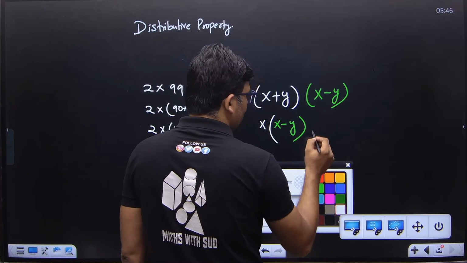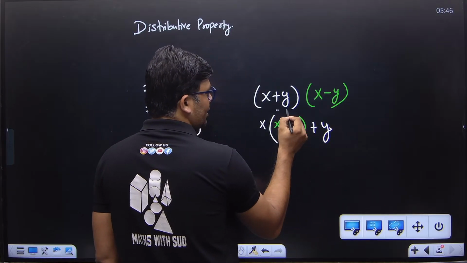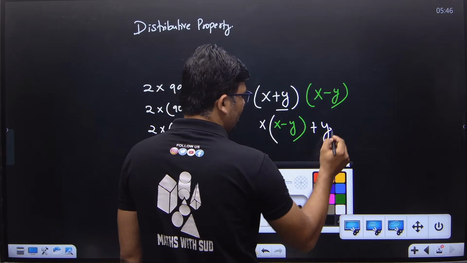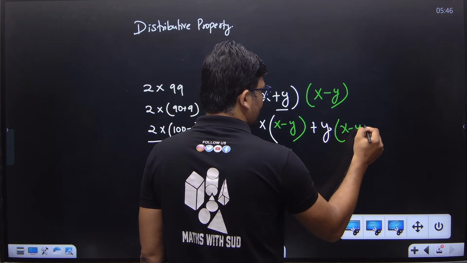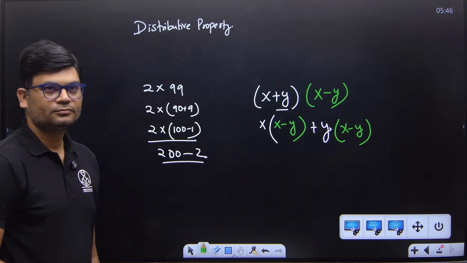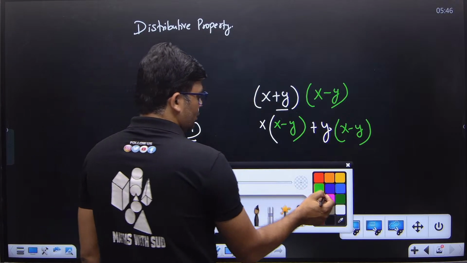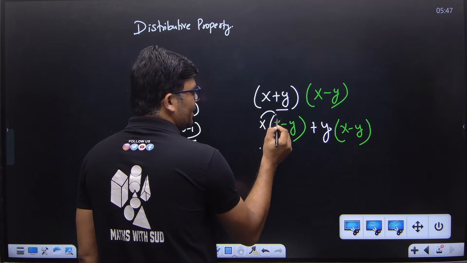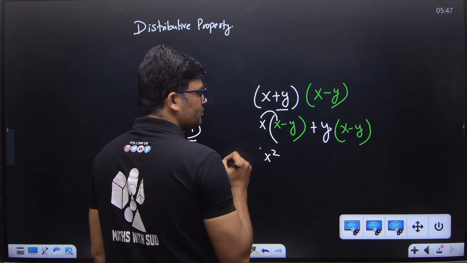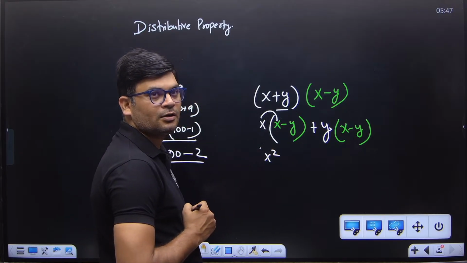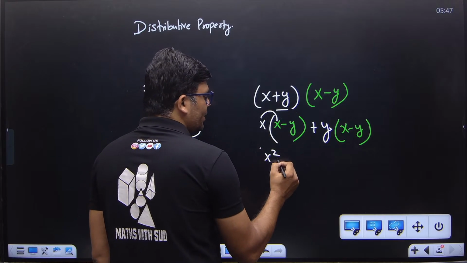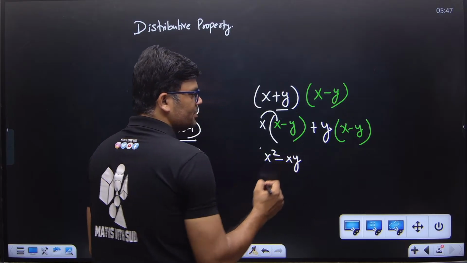And then the second y is going to be multiplied by x minus y. Then when you multiply x by x, how much will you get? x square. And then x into minus y is how much? Minus xy.